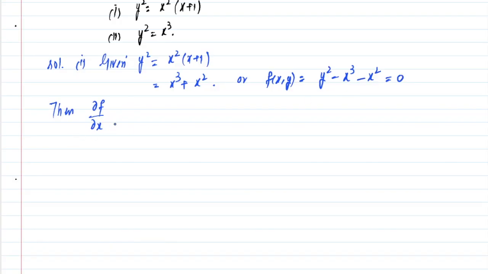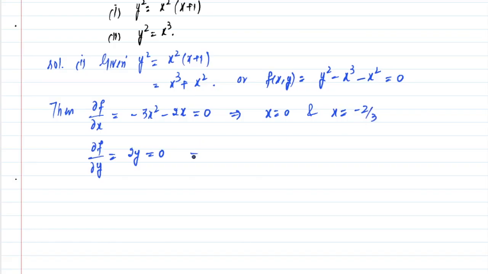Therefore del f by del x is equal to, taking the partial derivative with respect to x, minus 3x square minus 2x. And similarly the partial derivative with respect to y, that is del f by del y, is equal to just 2y. Now equating both of them to 0, from here we obtain x is equal to 0 and x is equal to minus 2 by 3.